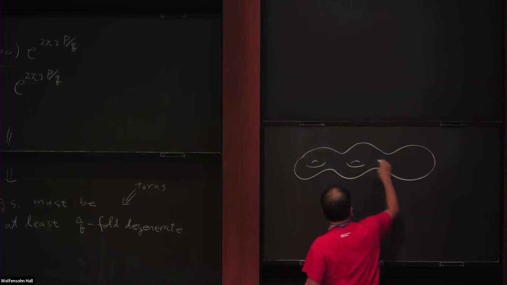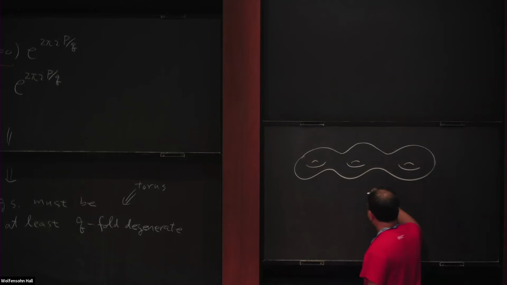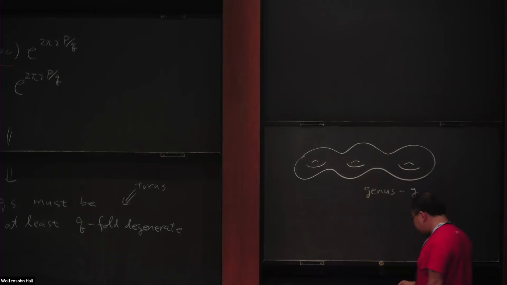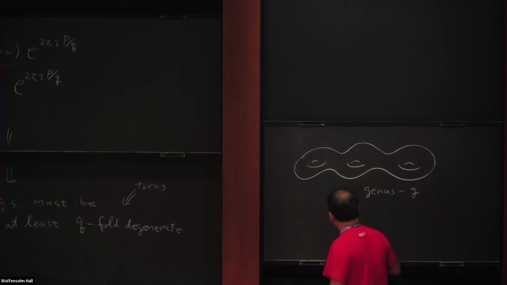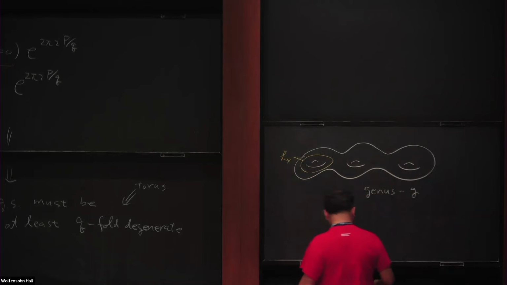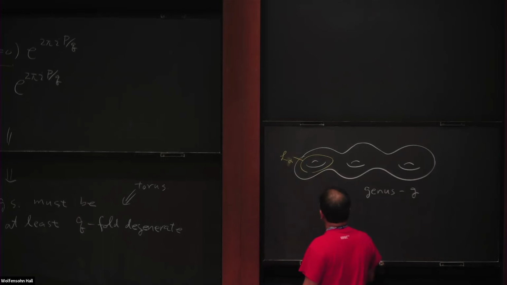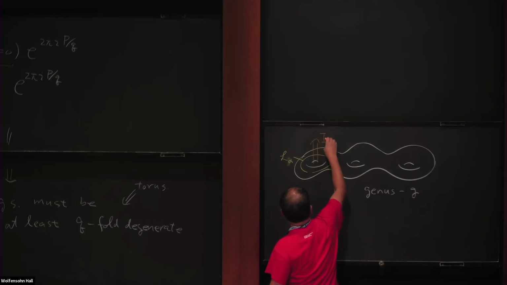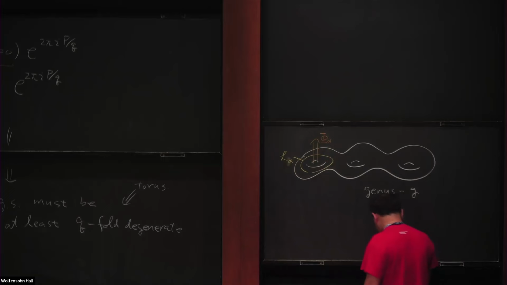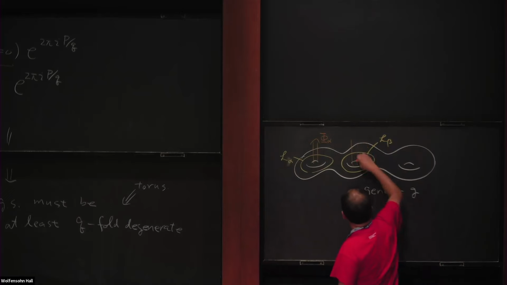If you consider the system on this genus g Riemann surface, which means that there are g holes, then you can apply the same argument for this loop and also the conjugate flux or vector potential. You can take this loop and define a similar operator L beta and conjugate flux insertion.